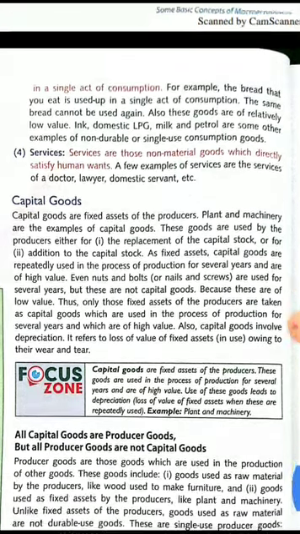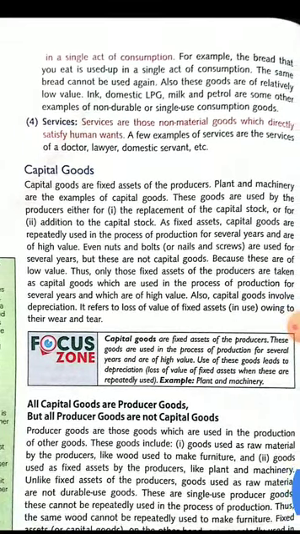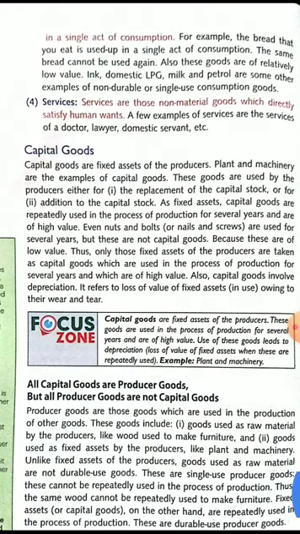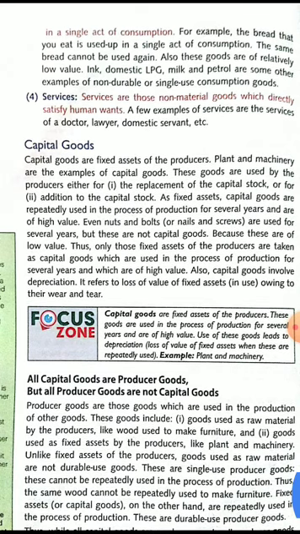Now another one, and the most important one from the economic point of view, is capital good. So what are capital goods? Students, now we will discuss what capital goods are. These are those types of goods which are used for further production process. I will repeat once again, these are those types of goods which are used for further production process.